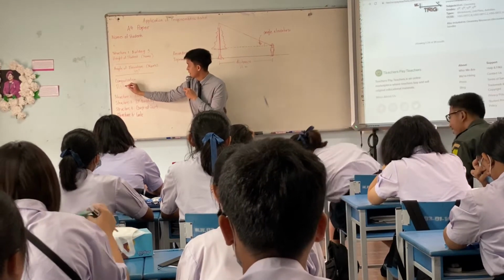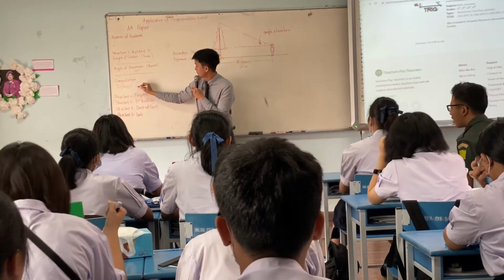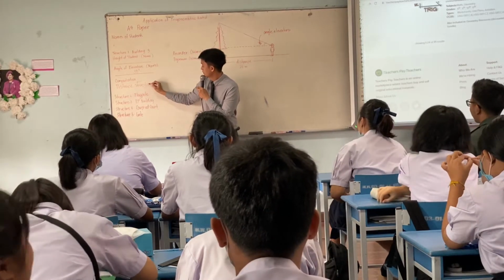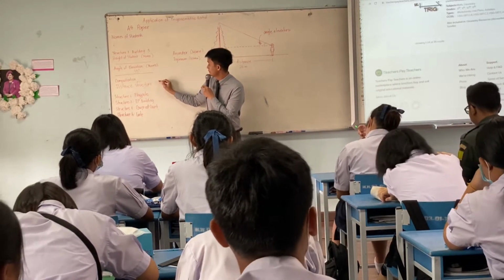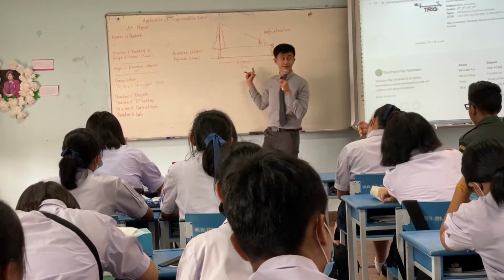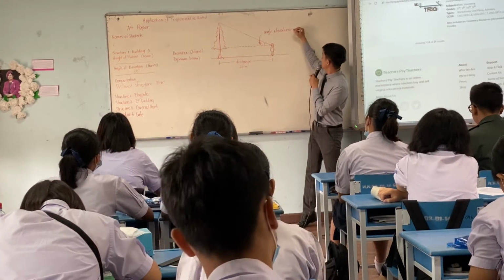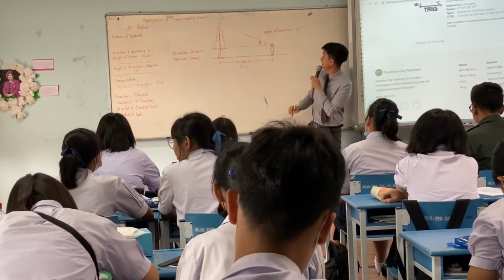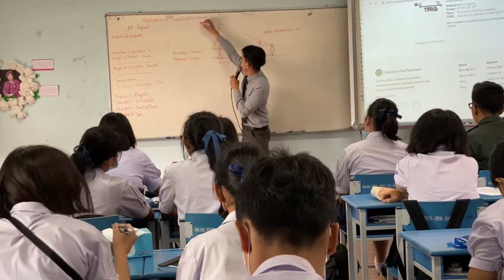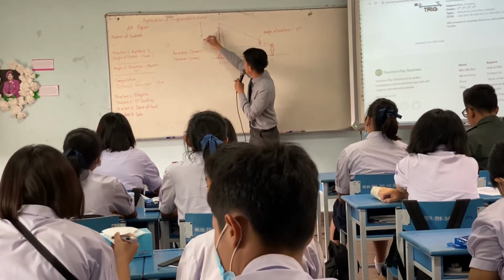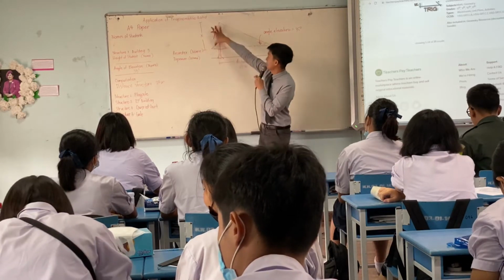With 25 meters and an angle of elevation of around 35 degrees, you will be able to find this x. This is the x.